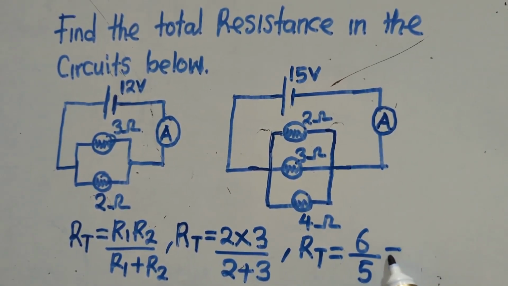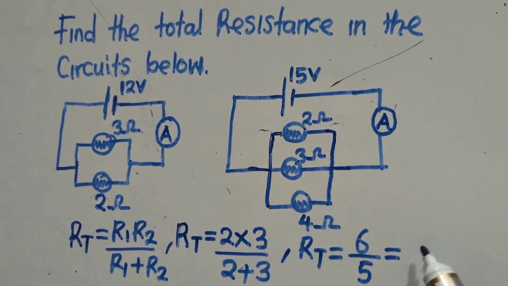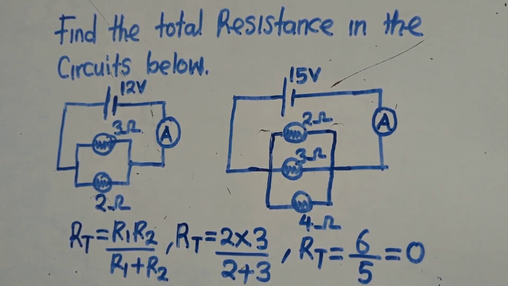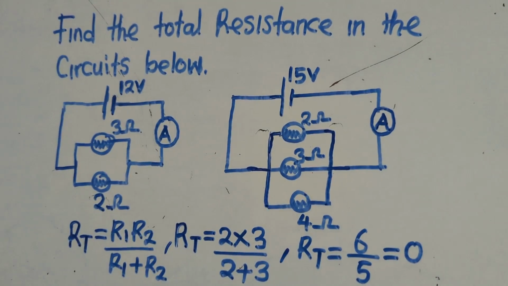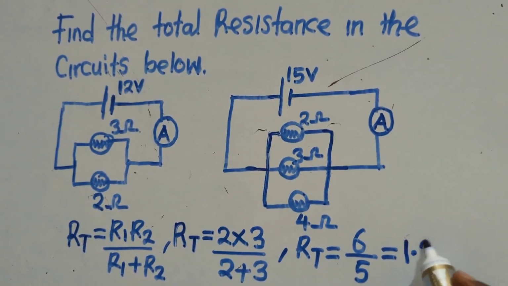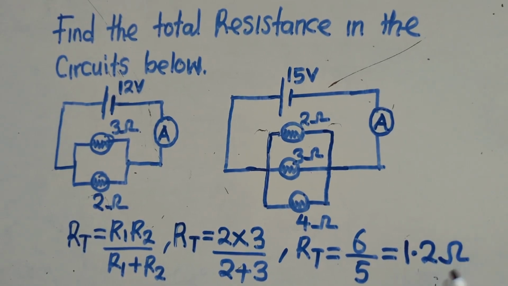Finally, the answer will be equal to what? You type this on your calculator. When you divide, the answer is 1.2 ohms.